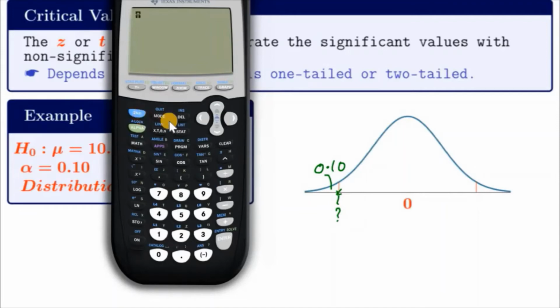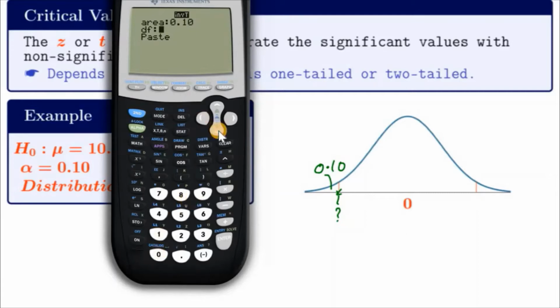Then go to second distribution and we'll be using the inverse t function, which is number 4 here, then hit enter. It takes area to the left, and from this point here, the area to the left is 0.10. So let's enter that, 0.10.